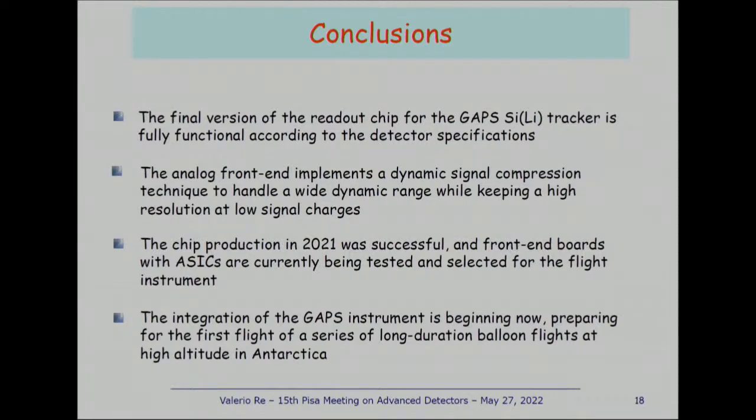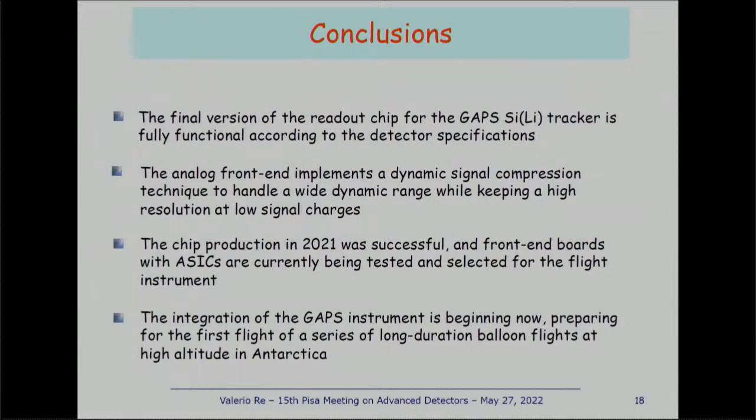Okay, let me go to the conclusion. So we have this fully functional chip for the lithium-drifted silicon tracker of the GAPS experiment. Chip production was fully successful, and now we are currently testing all the front-end boards with the ASICs in order to then fabricate and build the flight instrument.